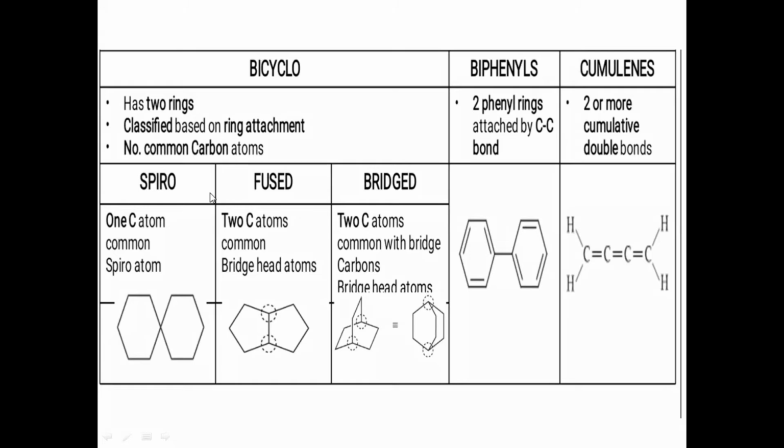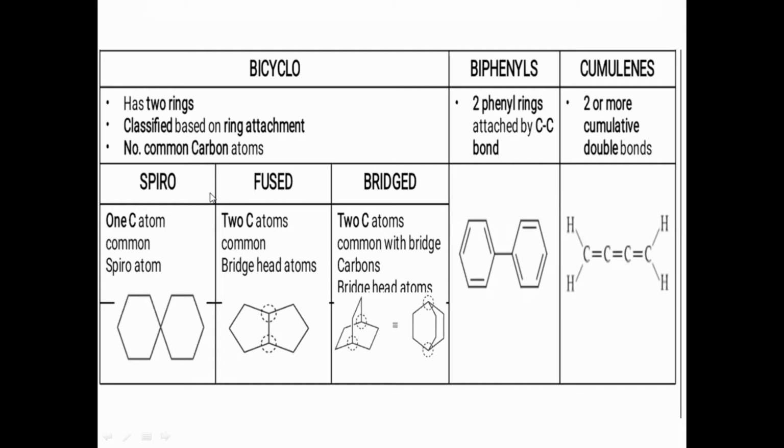Now the next one is the fused compounds. In fused compounds you can see two carbon atoms, common bridgehead atoms, meaning these two rings are attached by two common carbon atoms.